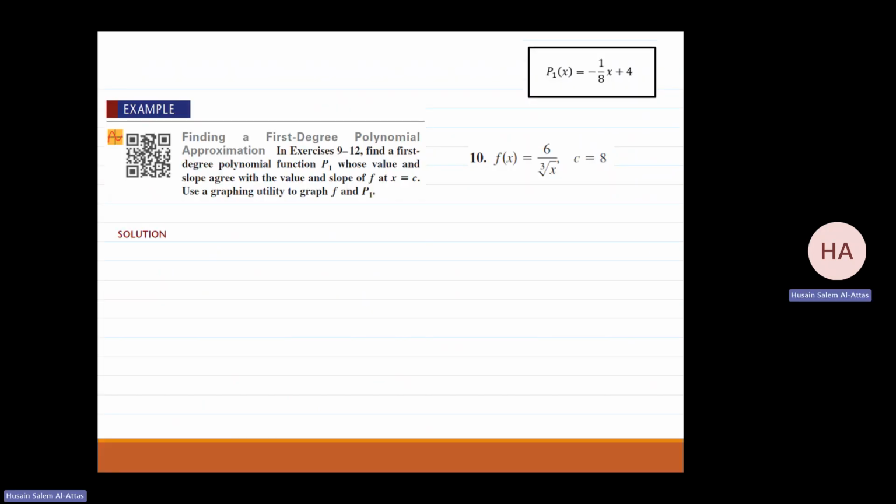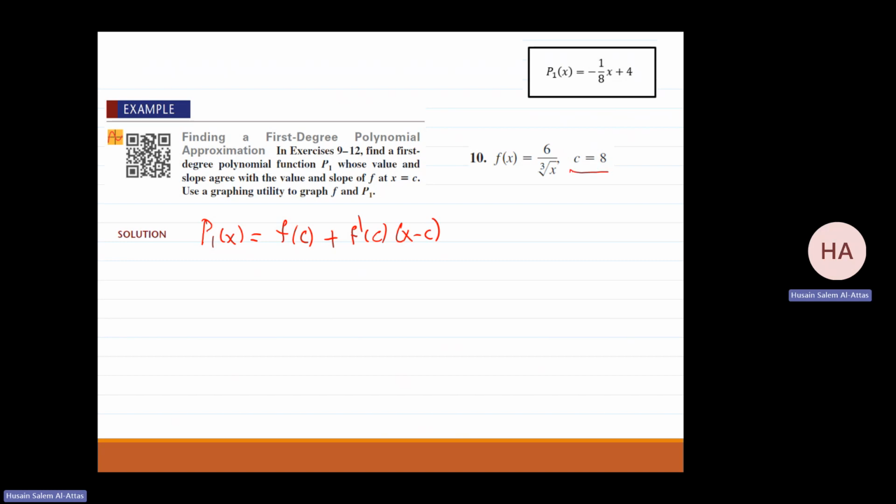Okay. Yeah, that's mainly the section, by the way. Finding a first degree polynomial approximation: find the first degree polynomial P1 whose value and slope agree with f at x equals c. So I need P1. What is P1 of x? It will be a0, f of c, plus f prime at c, x minus c.